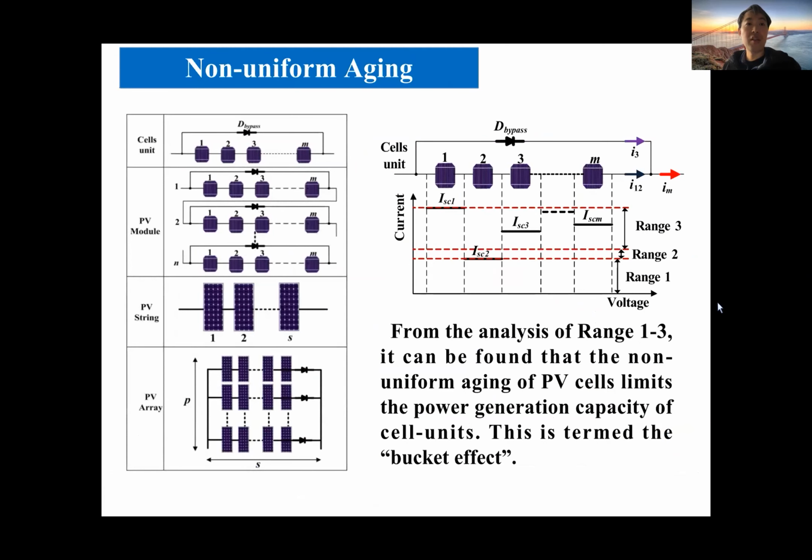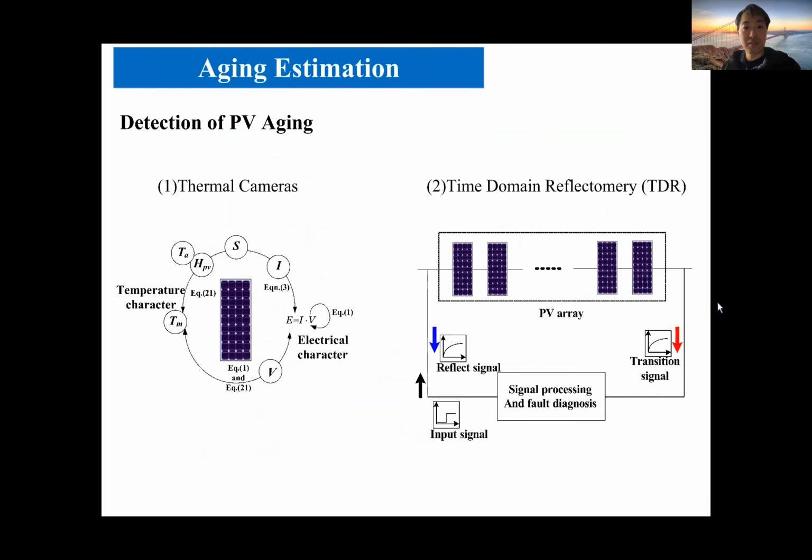We also developed an algorithm for non-uniform aging PV arrays to improve their efficiency. We can see for a larger scale PV array, there is a clear bucket effect from the non-uniform aging PV cells. So we propose a method to detect the PV aging map.